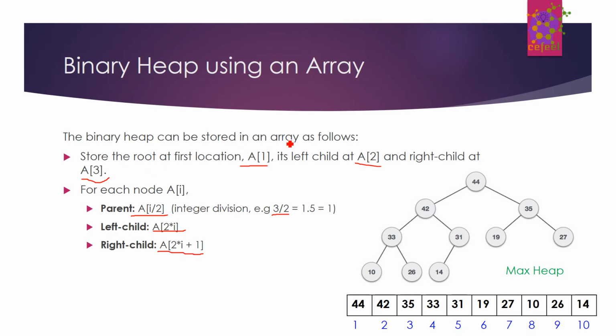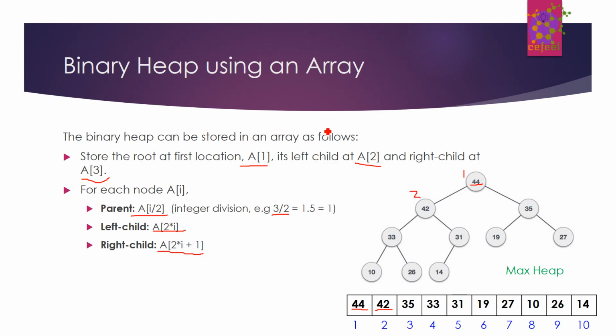Now let's see an example. So here is a binary tree, a max-heap, which we saw before. As we discussed, 44 is the root, so 44 will be stored at the first location over here. Now its left child will be stored at 2 times its location, which means it will be stored at 2. So 42 is stored at location 2.